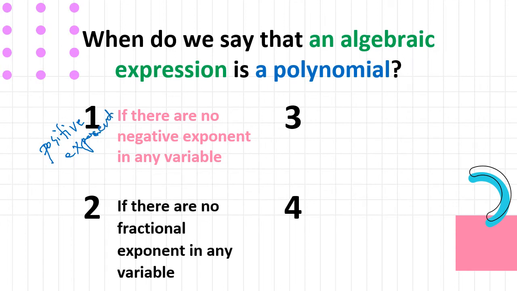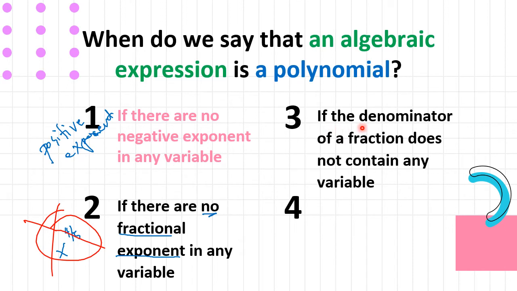Okay? Number 2, if there are no fractional exponents in any variable. No fractional exponent. So, kapag kunwari meron tayong nakita na x raised to 4 over 5, okay? Pag may nakita tayo na ganyan, hindi yan polynomial function.